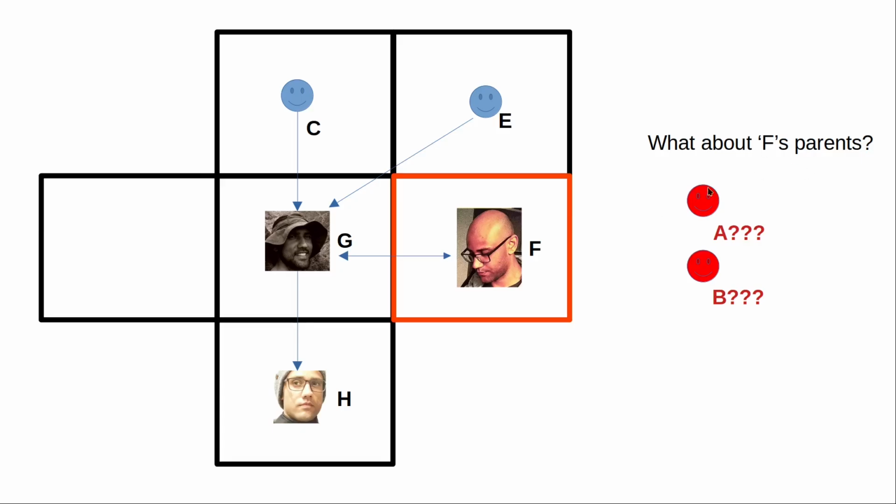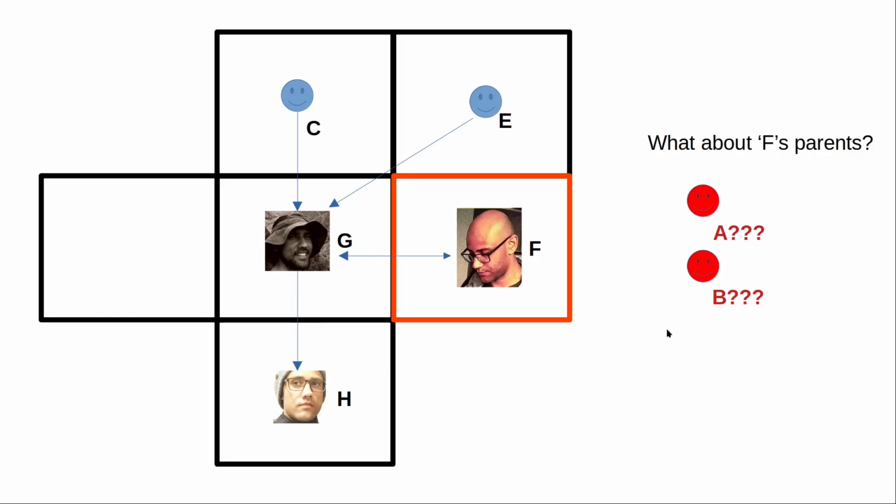F has parents A and B. Where are they placed? The algorithm will try to place them directly above F, and if that spot is occupied, then it will look at the next available spot to the right. So the same process as when we placed E will occur for A and B.